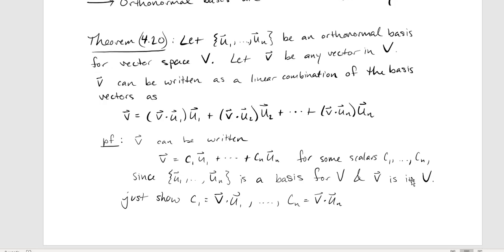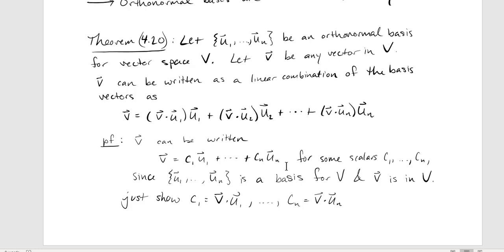So a little proof for this is pretty simple. Notice since the u vectors do form a basis of V, and this little vector v is in that vector space V, we can write this little v as a linear combination of these basis vectors. That's one of the parts of the definition of a basis.